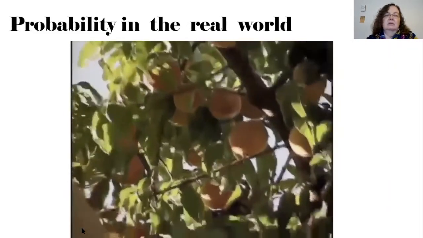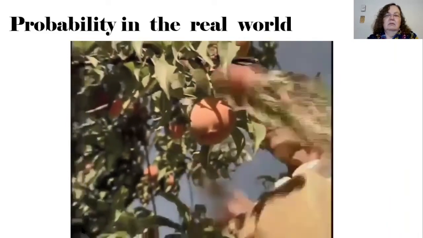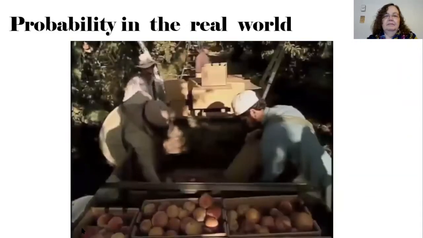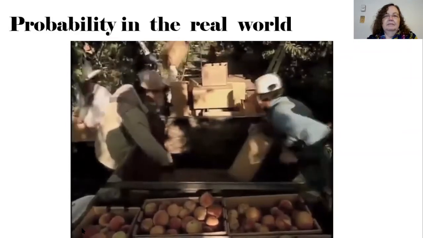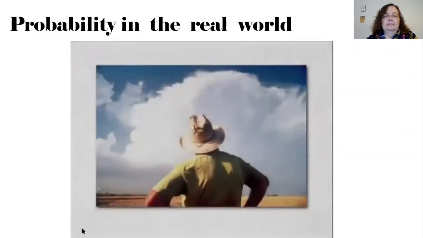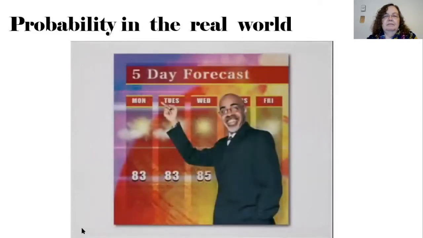Tree fruit, like peaches, are sensitive to the rain, so it is important to harvest them when they are ripe, but before a big rain. Farmers look at the weather report to see when is the best time to plant and harvest their crops. The job of the weather reporter is to make predictions about what the weather will be like in the future. Predicting the weather is a real-world example of probability at work.